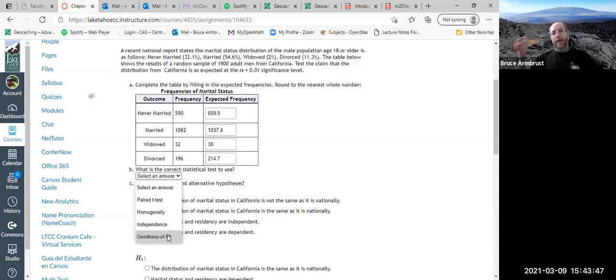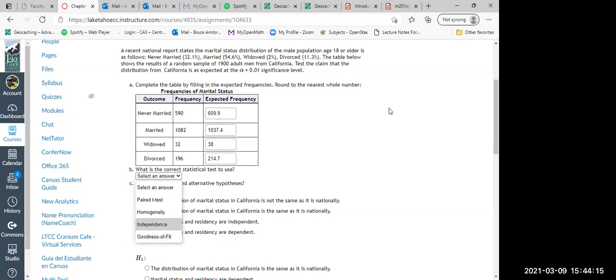Now, they give us all these options. How do we know that it's goodness of fit? Well, one, you could say, well, we're in the section called goodness of fit, but remember on an exam, we're not going to be told that. So what about this tells you that this is a goodness of fit test? The outcome and the expected outcome?